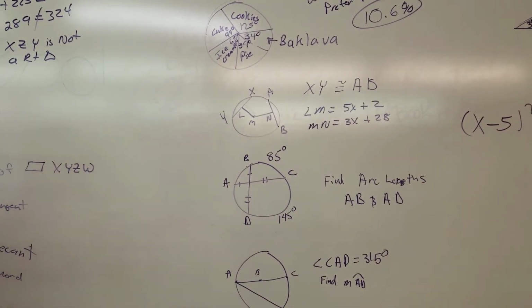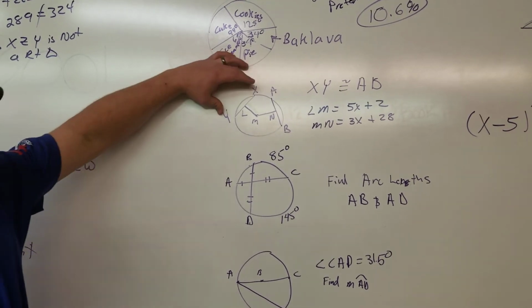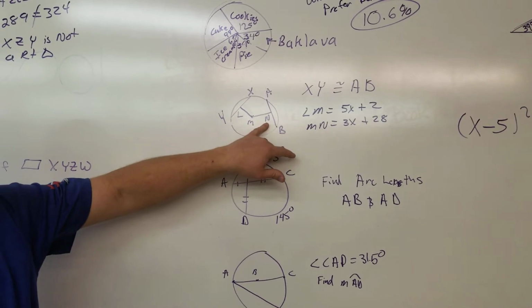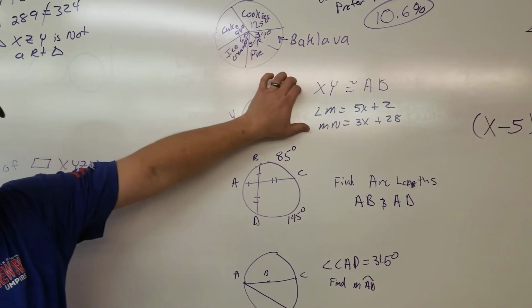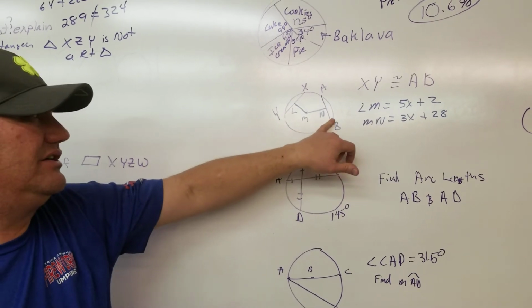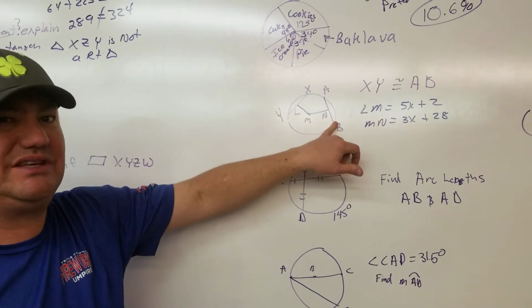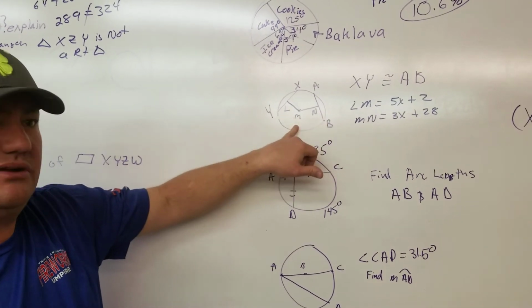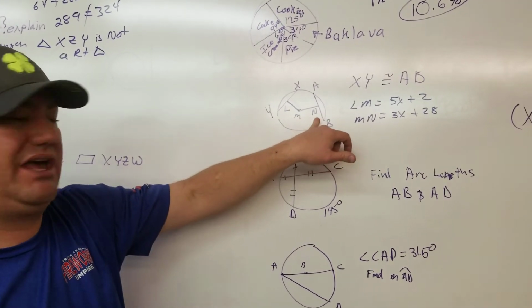Now, you may say, all right, XY is congruent to AB, but what does that say about LM and LN? Well, if the chords are congruent, the distance from the center to the chord has to be the same. They are also congruent. So therefore, LM is congruent to MN also.